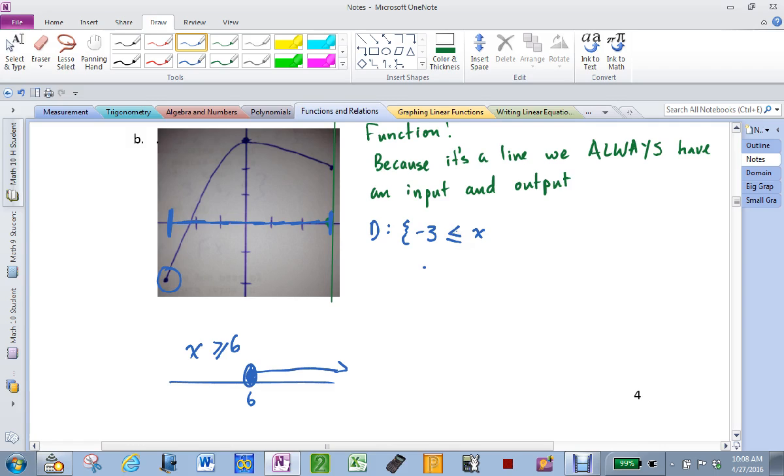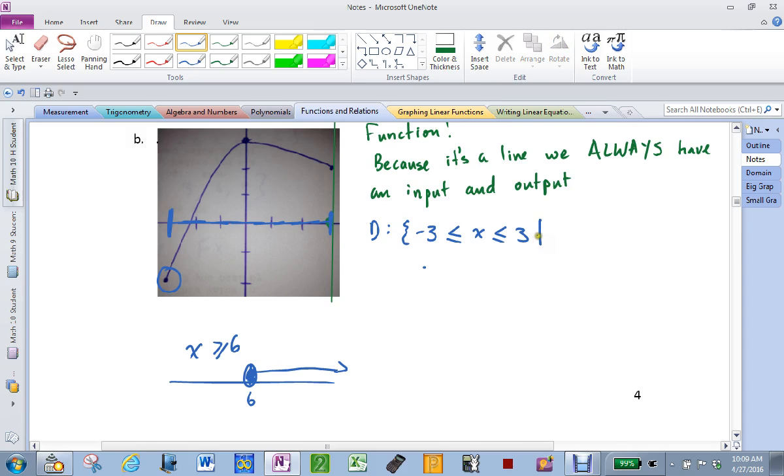Now what's the biggest I can get? Positive 3. So x has to be less than or equal to positive 3, doesn't it? Right? Now, are there any restrictions on that? Can I be every single decimal and every single fraction and every single irrational number? Can I? I can, can't I? So, there's a restriction.